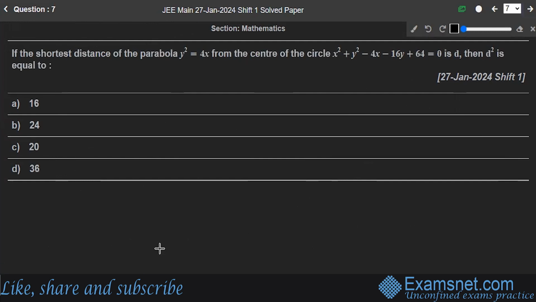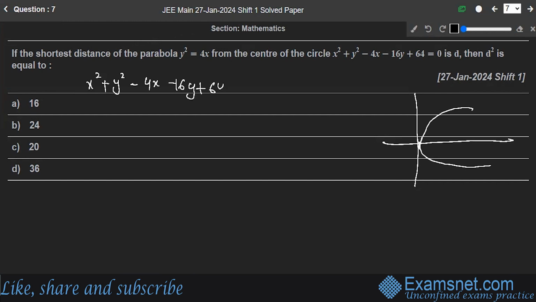Next, question number 7. If the shortest distance of this parabola from the center of the circle is d, then d square is equal to. First of all, see the shortest distance. This is a parabola, a right parabola like this. Now, this is the circle. Let's write down x square, this, this, this.